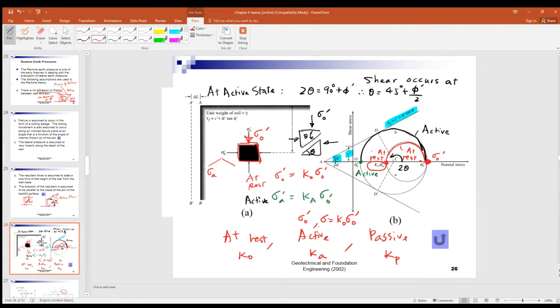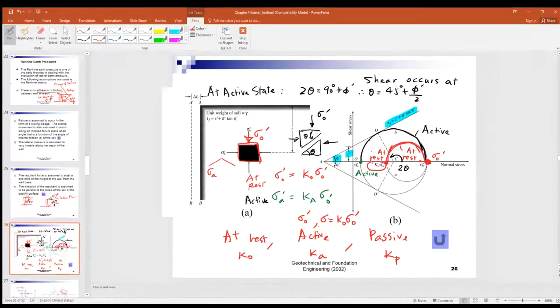Okay? So you draw this Mohr circle, because sigma naught dash is the vertical stress, and at this principal stress, the shear stress equals 0. So you get this point.